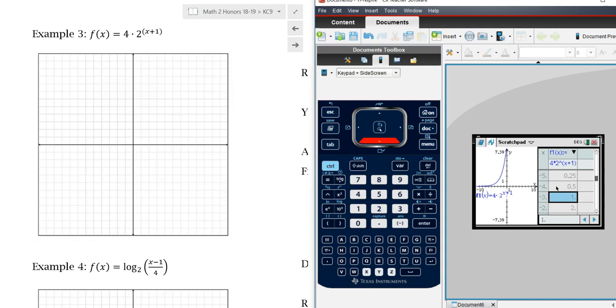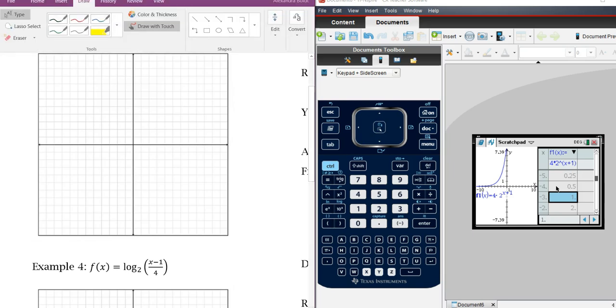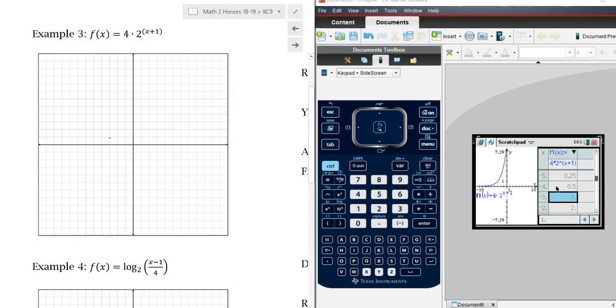So it's -3, 1. -2, 2. -1, right? 4. 0, 8.